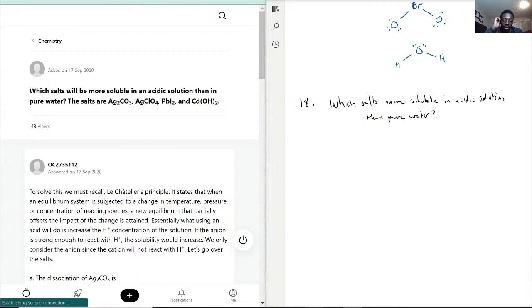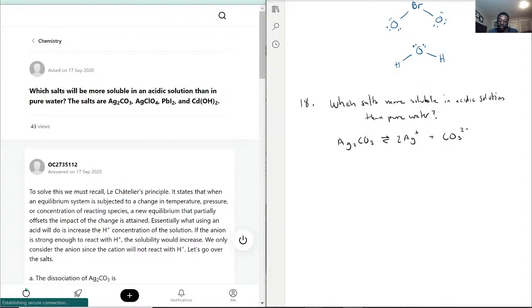Now with that being said, I'm going to write down each one, but I'm going to write down their formula of how they would break down, because it helps you understand the question a bit easier. So Ag2CO3 becomes 2Ag plus plus CO3 2 minus.